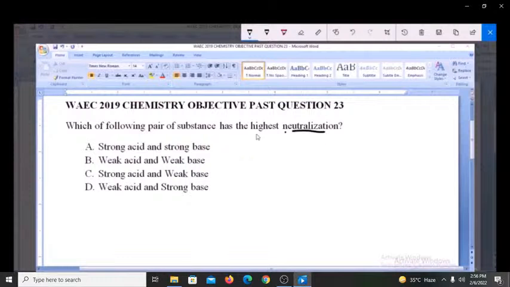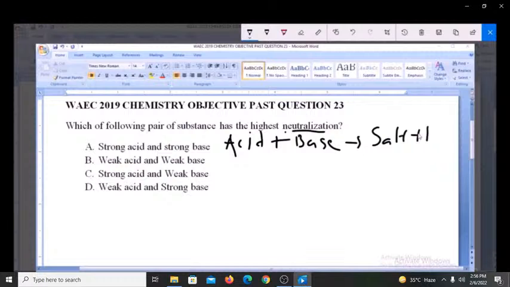Now, a neutralization reaction is a reaction between an acid and a base to yield a salt and water.